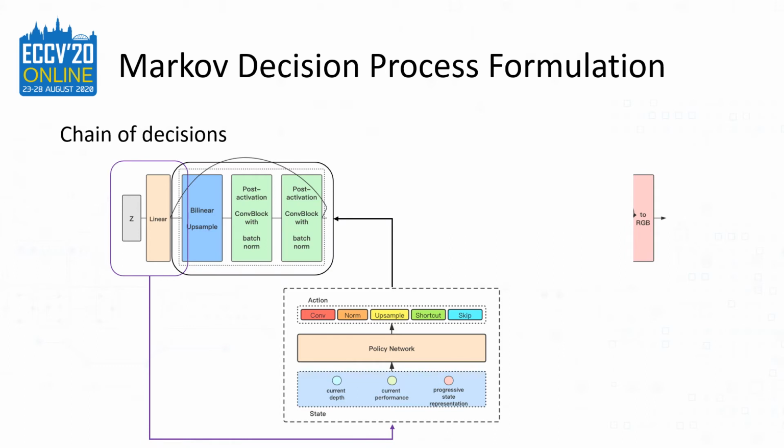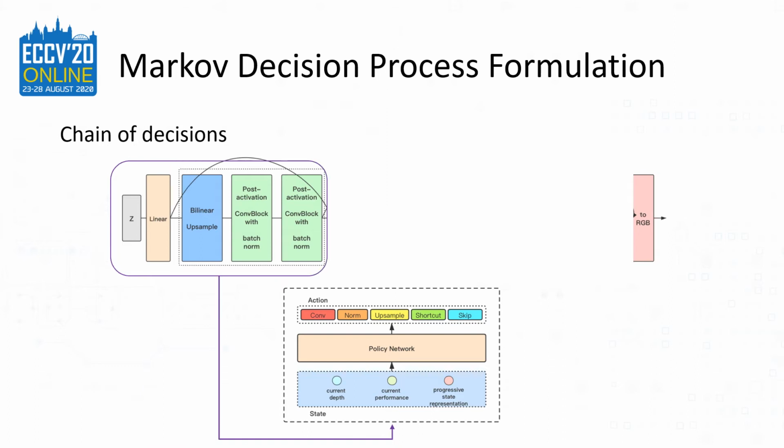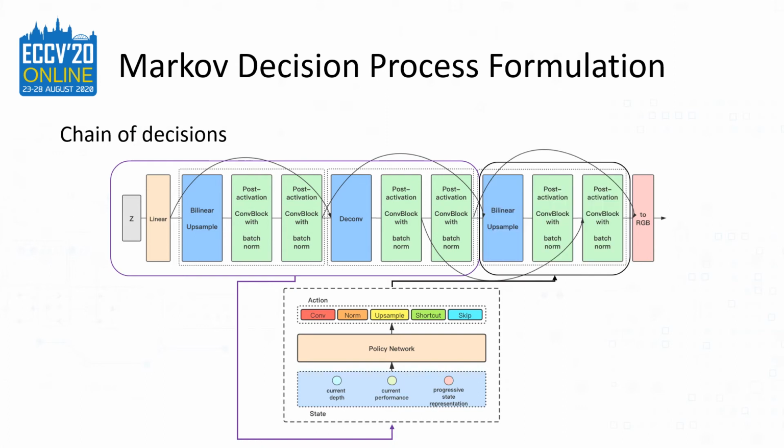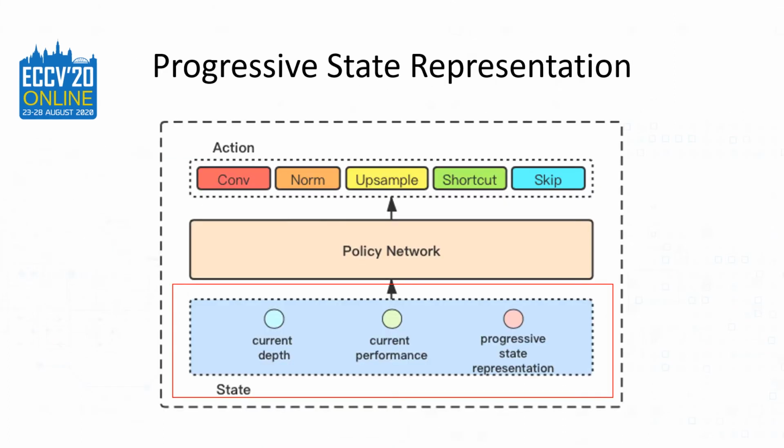Through the policy network, the agent will make the decision and output the cell architecture in order to get a high reward. Then the cell will be added to the current architecture, and the state information will be updated for the next step. This process goes on until we reach the predefined depth.